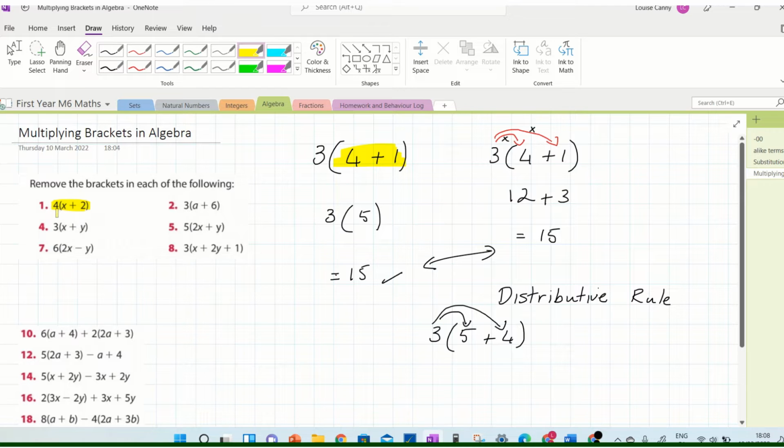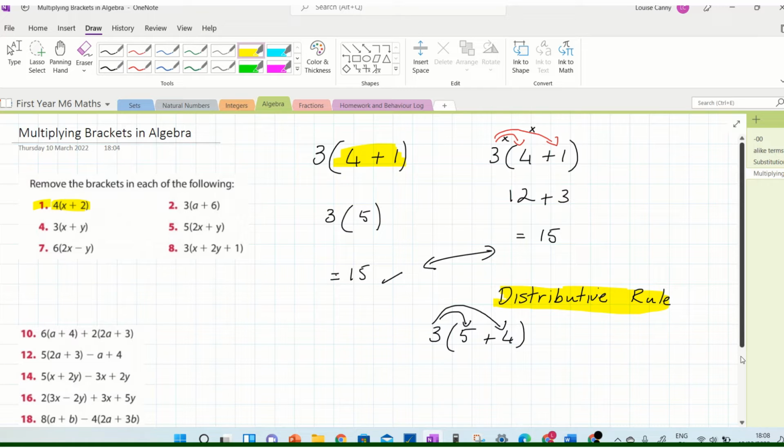But we still are being asked to multiply or to remove the brackets. Removing the brackets is the same as multiplying. So we rely on our knowledge of the distributive rule, and that allows us to remove the brackets. Let's take a look at a couple of the ones up here and see how we do these ones to begin with.